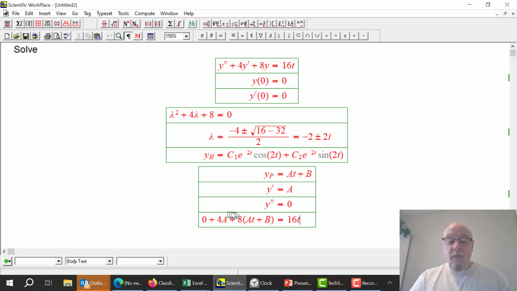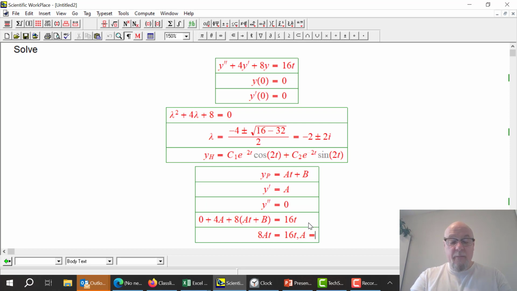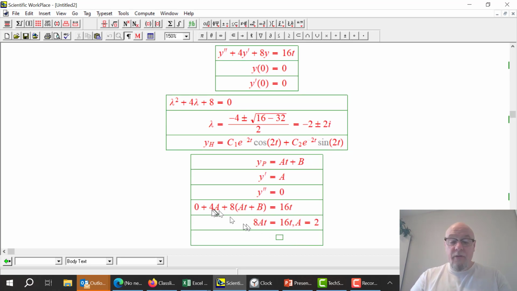Well, the coefficient that has a t in front is going to be 8at, got to equal that 16t on the other side. That's the t coefficient. So right away, a has got to be equal to 2. The constant coefficients, 4a plus 8b, have to equal 0 because it's like there's a plus 0 there.